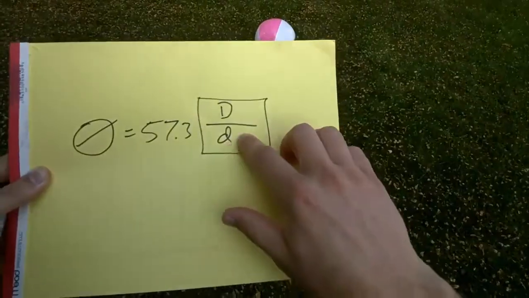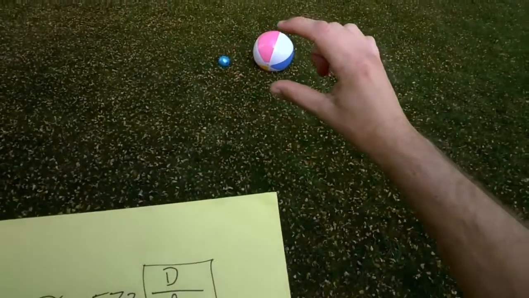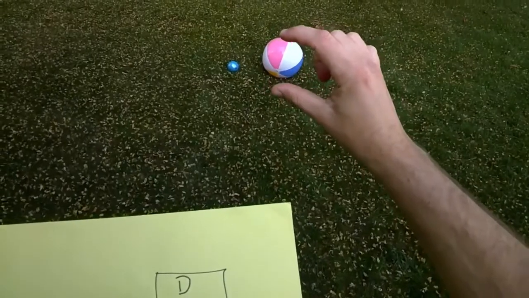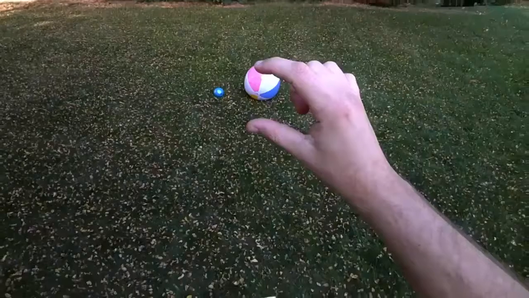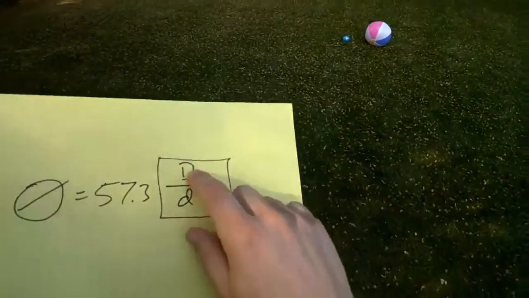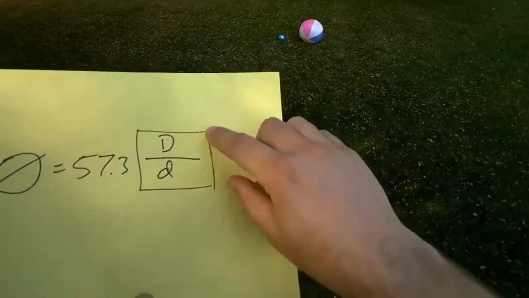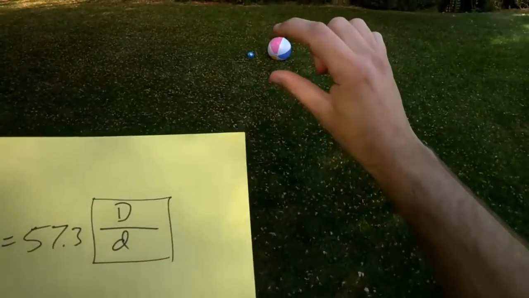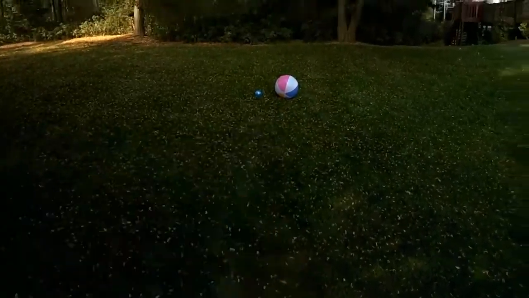They both have the same distance. But a 10 centimeter ball versus maybe a 30 centimeter ball, you'll see they'll take a different angular size. The big ball is always going to have a larger angular size. So this ratio is really the key, and I think it's really intuitive. If the ball is bigger, the ratio is bigger, and you have a bigger angular size. If the distance is bigger, it's going to make it all smaller.